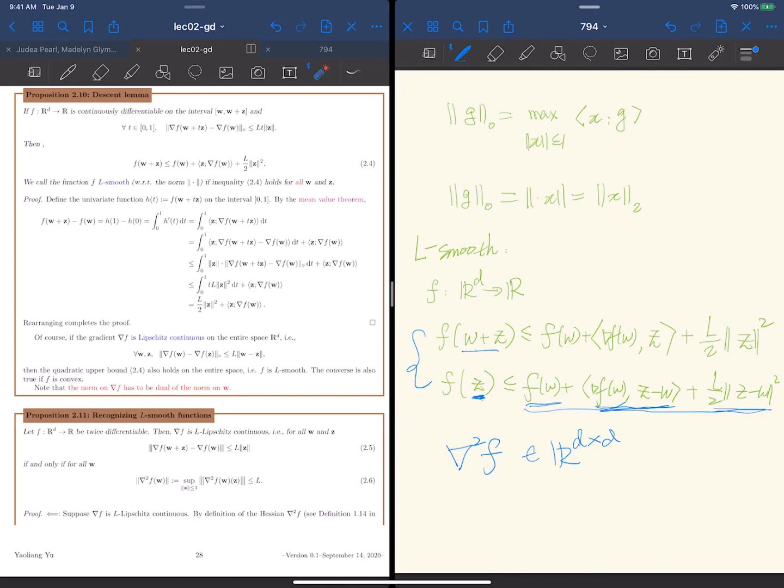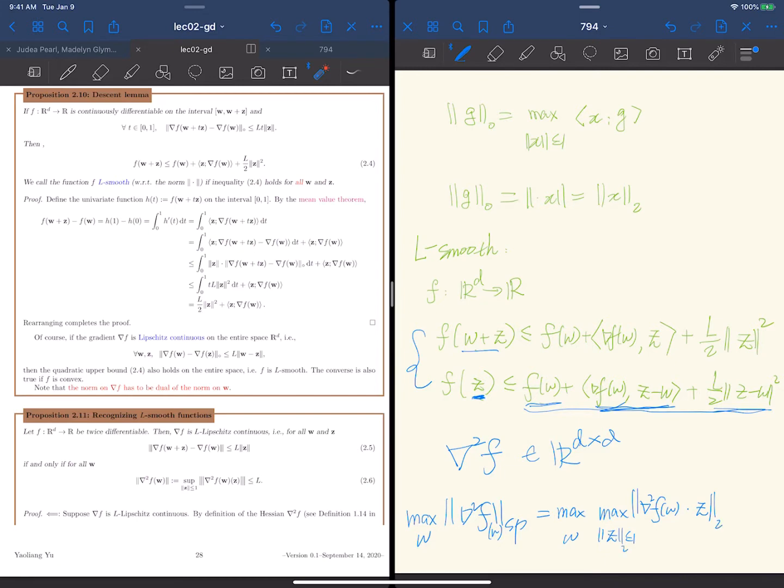And you look at the spectral norm of the Hessian at w, taking a maximum over all possible w. This is defined as the maximum over z with norm smaller than 1 of the Hessian, which is a matrix, multiplied by the vector z, which gives you a vector, and then you take the 2 norm of the vector. Let's say everything here is a 2 norm.